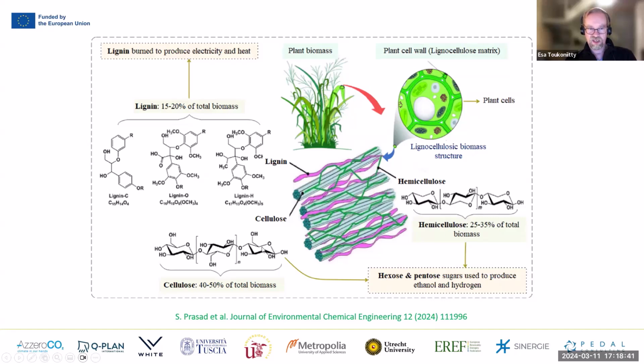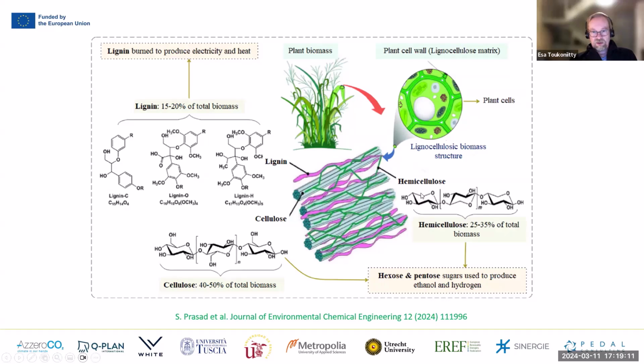Here are some representations of these molecules that make cellulose and hemicellulose, and these are different sugar molecules. Cellulose, like mentioned already, is made only out of glucose. So there is just this one sugar molecule that is combined in a very long line or long polymeric chain.